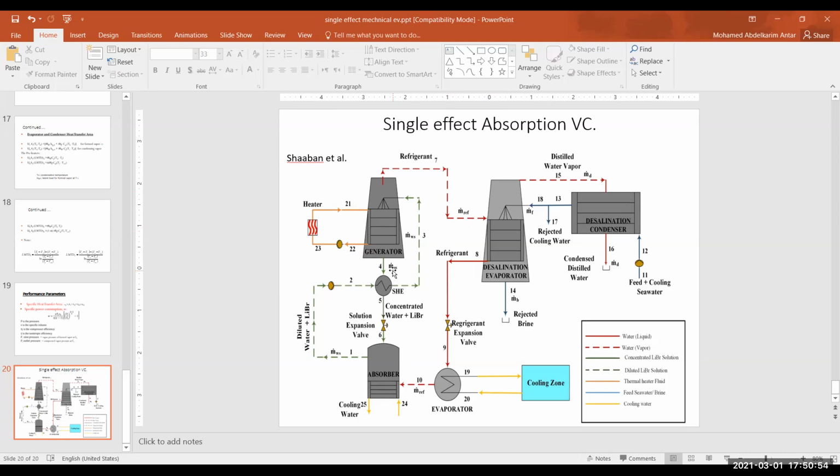If you remember, I said one of the problems we have with it is that the mechanical power of the compressor is substantially high. That is why the industry is generally not fond of the single effect mechanical system, because of the high power consumption.